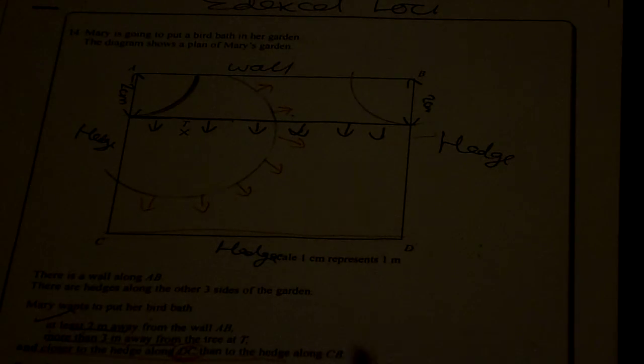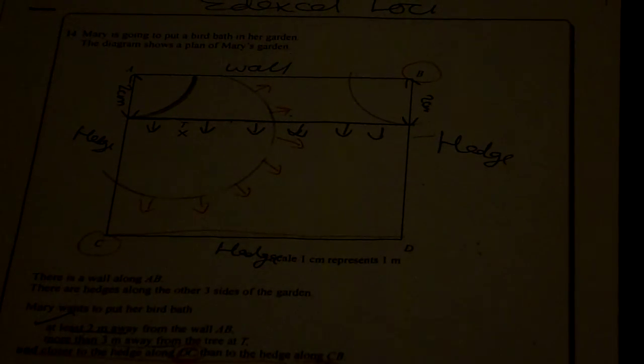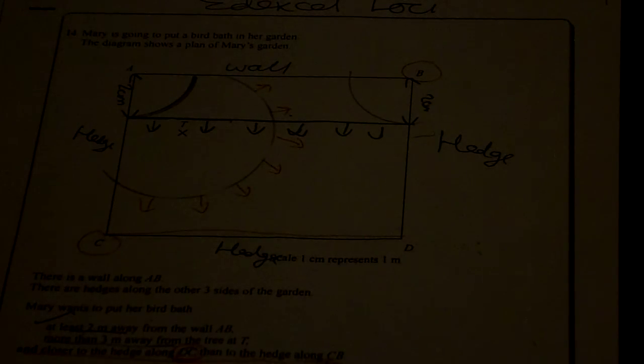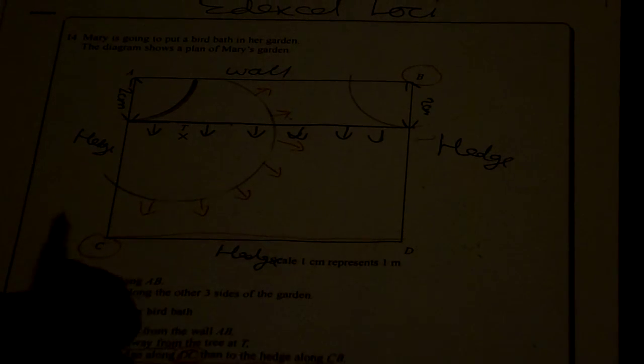So DC is this part here, and then we have C to B. There's no hedge from C to B. B is there and C is here. I think what this question is supposed to say is closer to the hedge C to A, which is this one here.